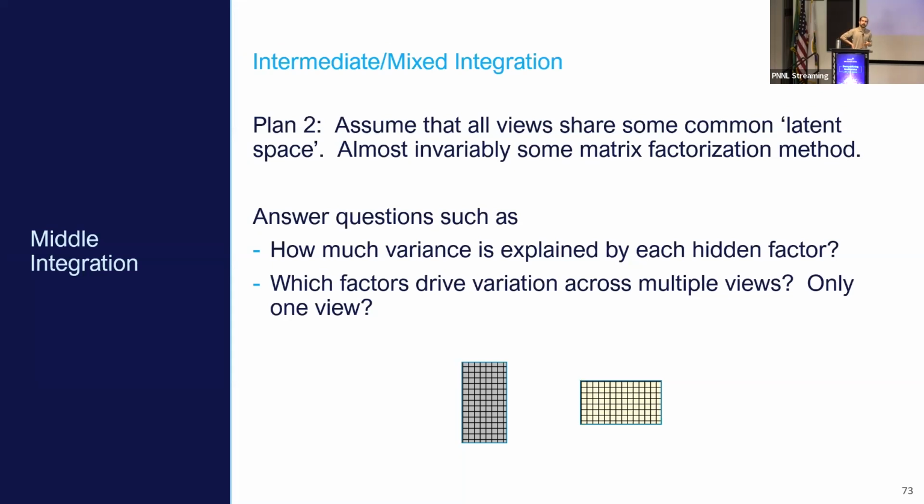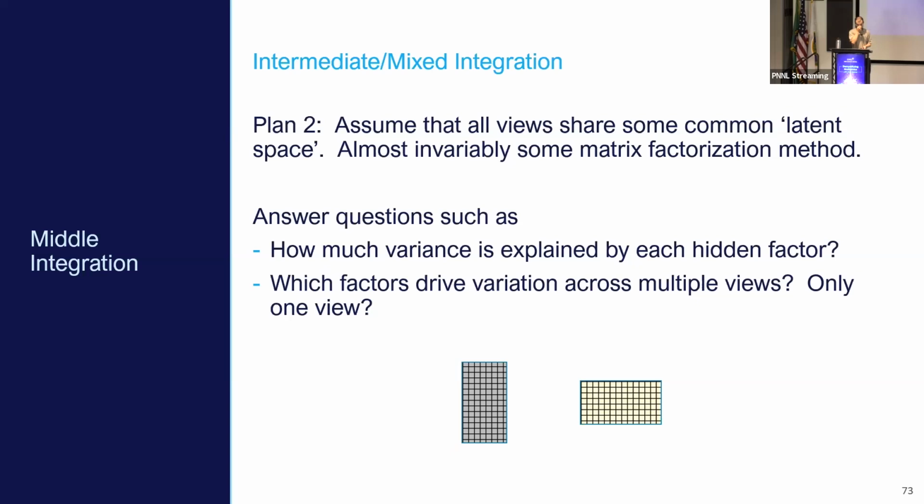Okay, so some useful questions for some of the popular methods that are out there. I think these are actually things that can be used. A popular method called multi-omics factor analysis that I showed a picture of before. You might want to answer questions like, how much variation does this latent space, this hidden space, explain in a particular view? How much does it explain about my proteomics? How much does it explain about my metabolomics? And you might also be interested in how much a specific factor explains about each of those.